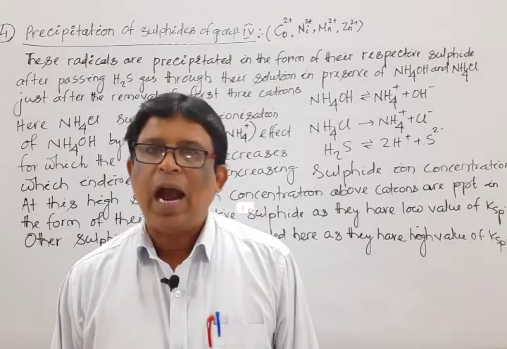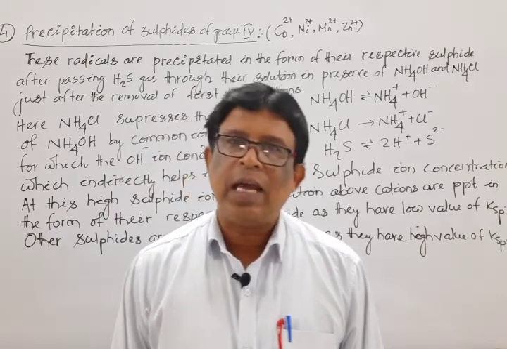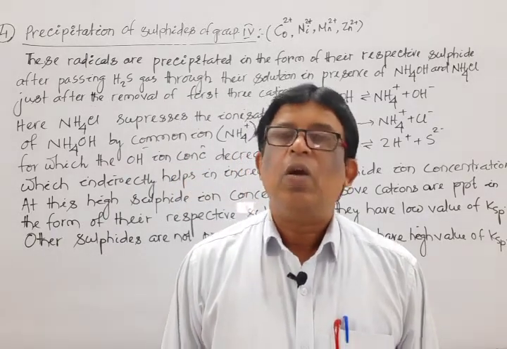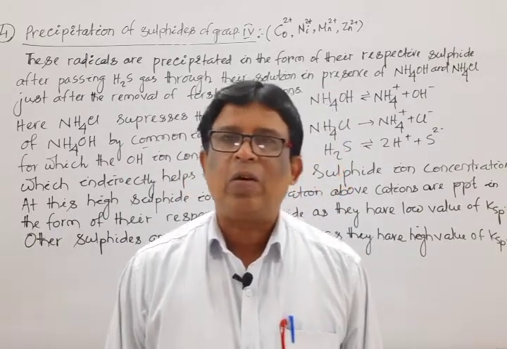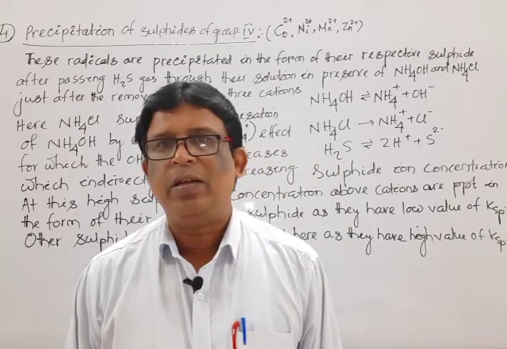Here, ammonium hydroxide, a weak electrolyte, ionizes partially, while ammonium chloride, a strong electrolyte, ionizes completely.